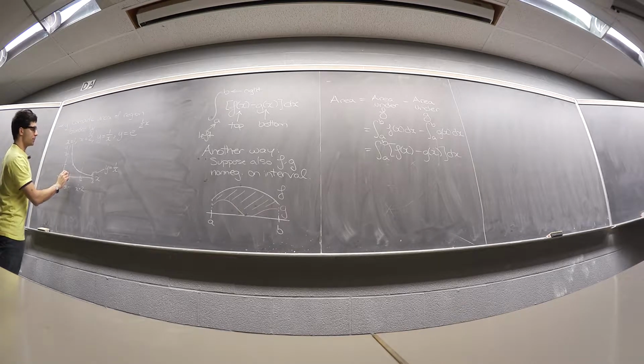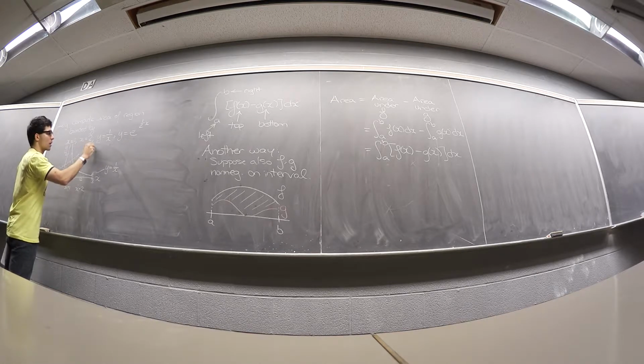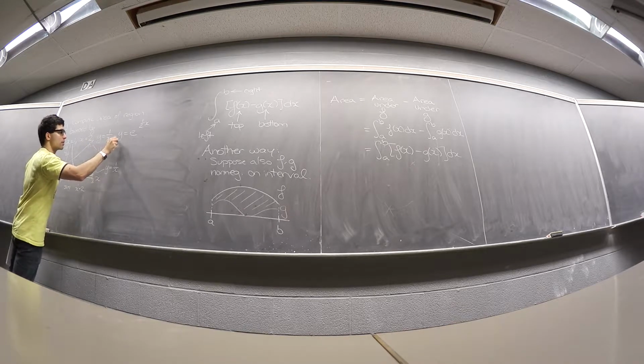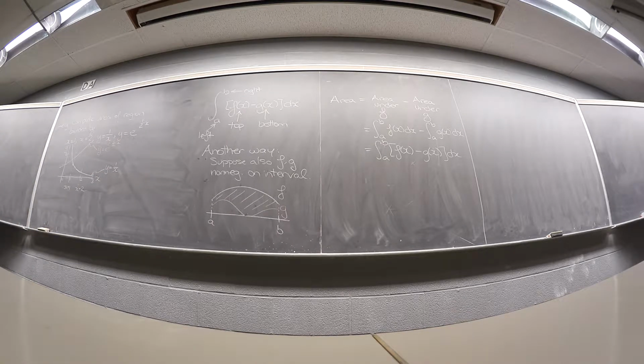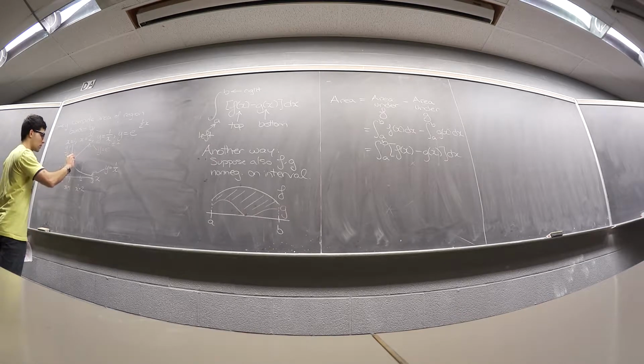And that guy, again, all rough sketches, is the other function. Okay, good? Again, rough sketches will do. We just want to see what this thing roughly looks like. And there's our region. Our region is this thing.